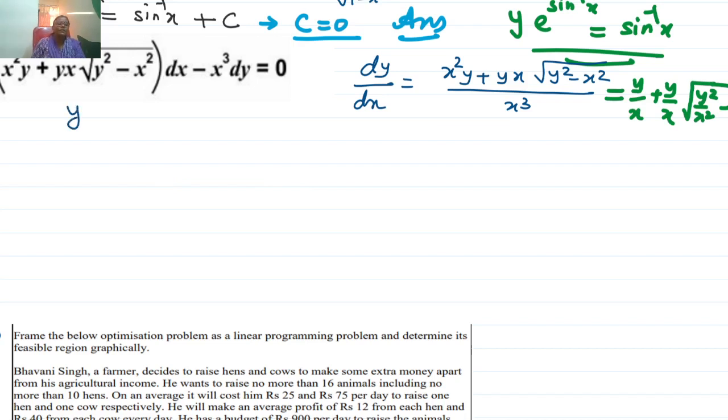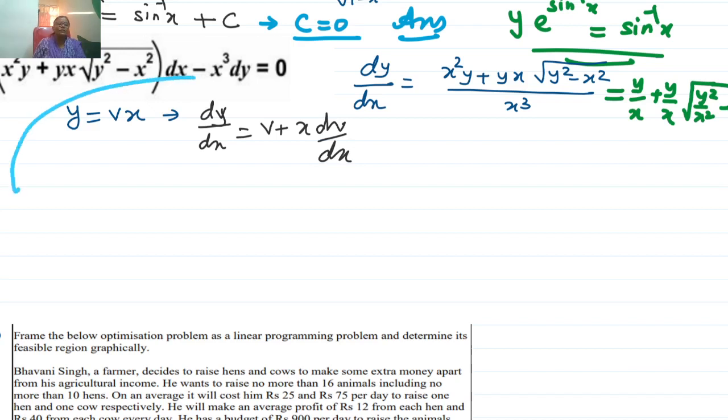So we have the substitution for it, y equal to vx, and we have to differentiate it, dy on dx changes to v plus x dv on dx. Fine. Now, what will this expression change to? This expression changes to v plus x dv on dx is equal to, what do you see on the right side?